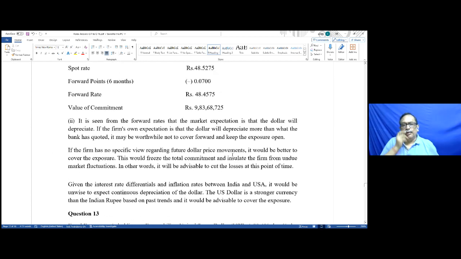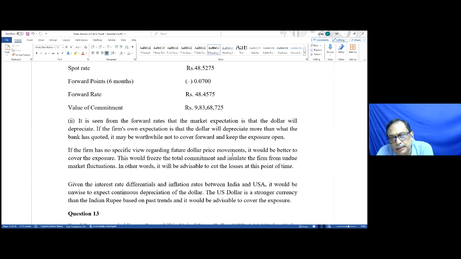It is seen from the forward rates that the market expectation is that the dollar will depreciate. If the firm's own expectation is that the dollar will depreciate more than what the bank has quoted, it may be worthwhile not to cover forward and to keep the exposure open.